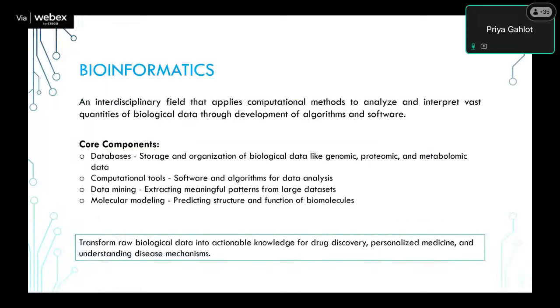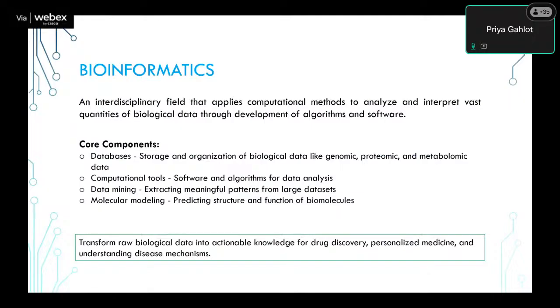As we all know, bioinformatics is an interdisciplinary field that applies computational methods to analyze and interpret vast quantities of the biological data which is available, using certain algorithms and softwares. That study is basically known as bioinformatics.